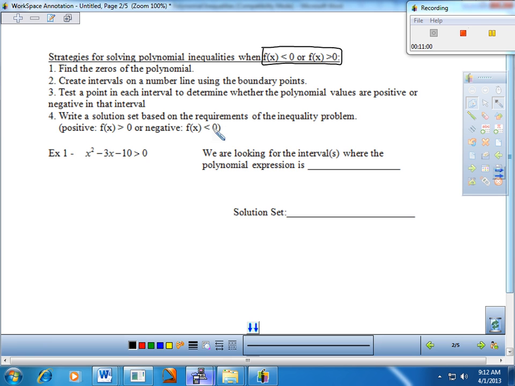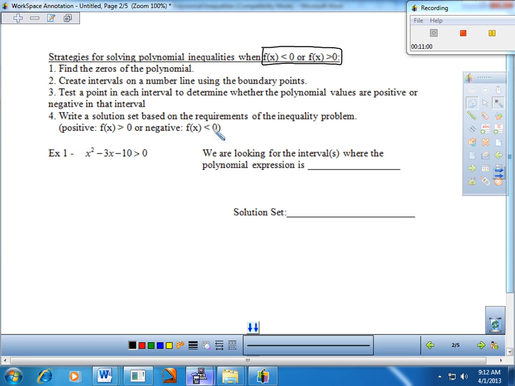Now that probably looks like a whole bunch of verbal jargon at this point, and that's okay. Once we do a couple examples, it should click pretty nicely. I'm going to try to structure it very nicely for you. If you want to modify that structure, you are more than welcome to. Just make sure it's legitimate.